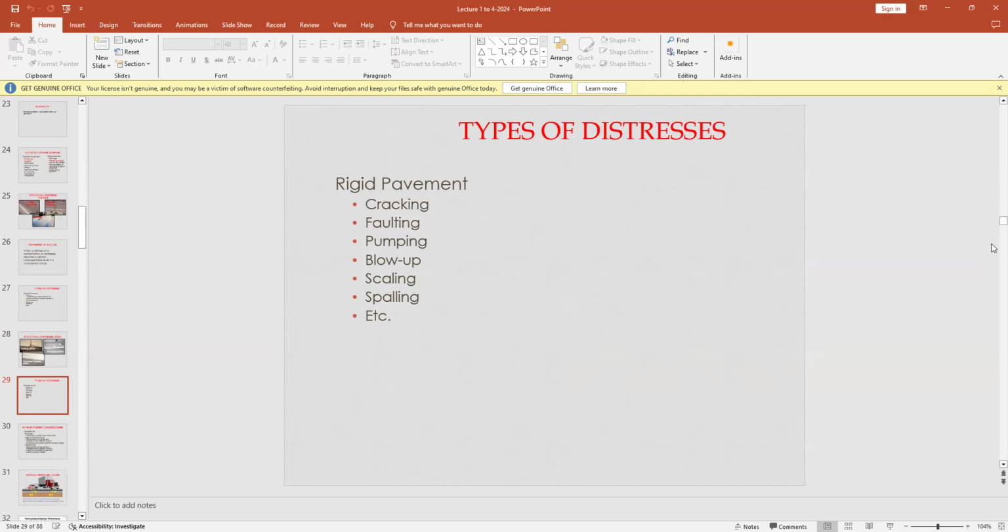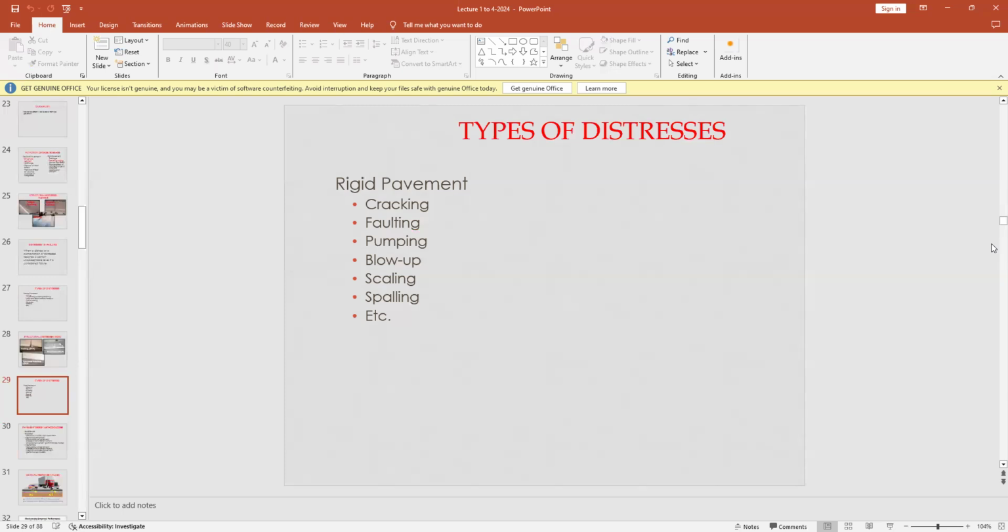So if you want to define what the distresses are, there is cracking, there is faulting. Faulting means a load failure. There is pumping. Pumping, as I've said, is when water pumps out of the joints. There is a blow up. Concrete sometimes gets a graveyard-like structure.